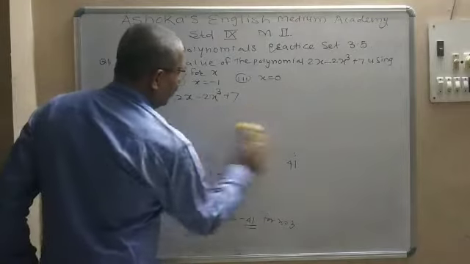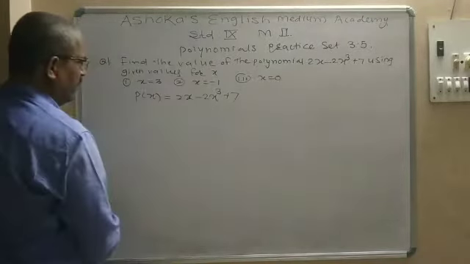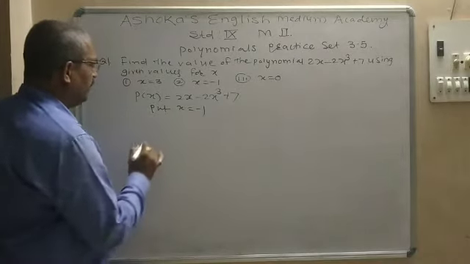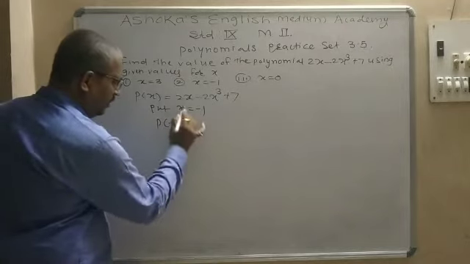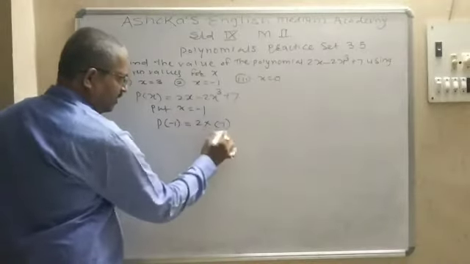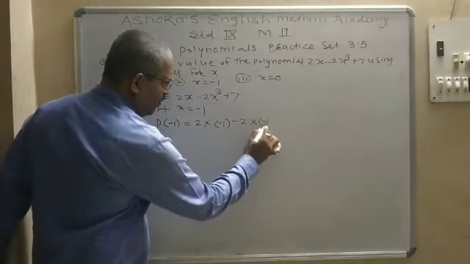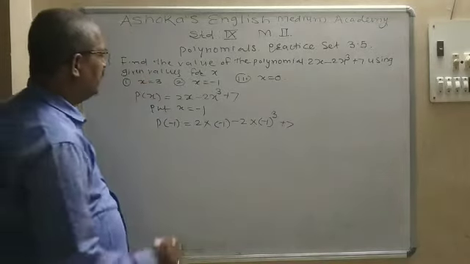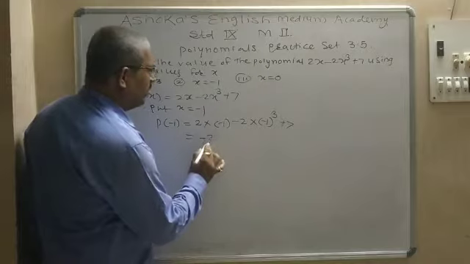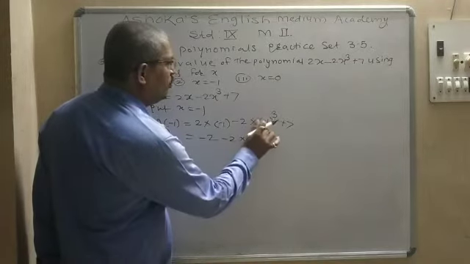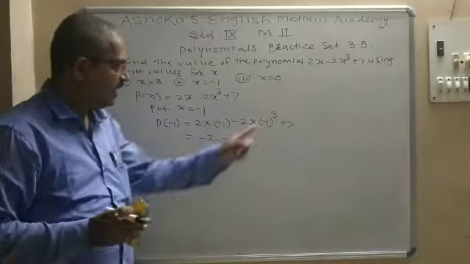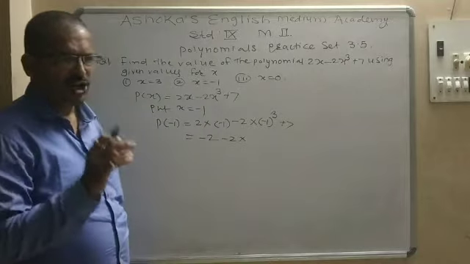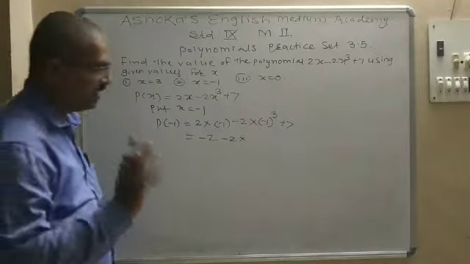What is the second question? We have to put x is equal to minus 1 now. Therefore p(minus 1) is 2 into x, which means minus 1, minus 2 into x, which means minus 1 in bracket, raised to 3, plus 7. Then what will happen? 2 into minus 1 is minus 2. Now minus 2 into minus 1 raised to 3: here the power is an odd number, and multiplication of an odd number with a negative sign is always negative.